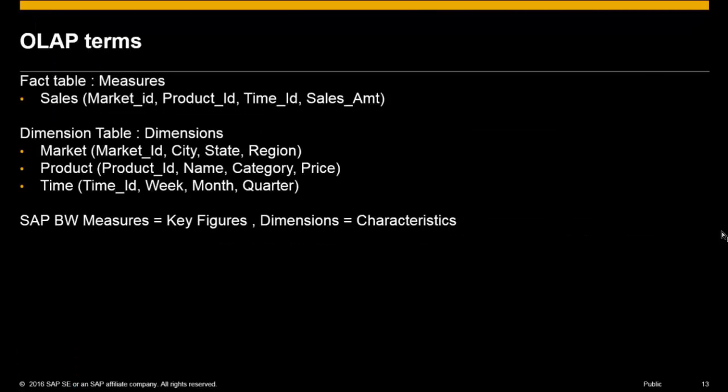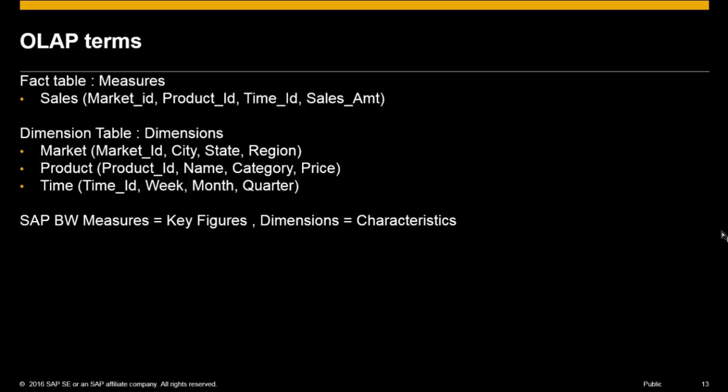So we have a fact table with, for example, sales data, which has a number of parameters that describe it, and the dimension tables then can again be broken down by dimension members such as market ID, city, state, and region, and so on.